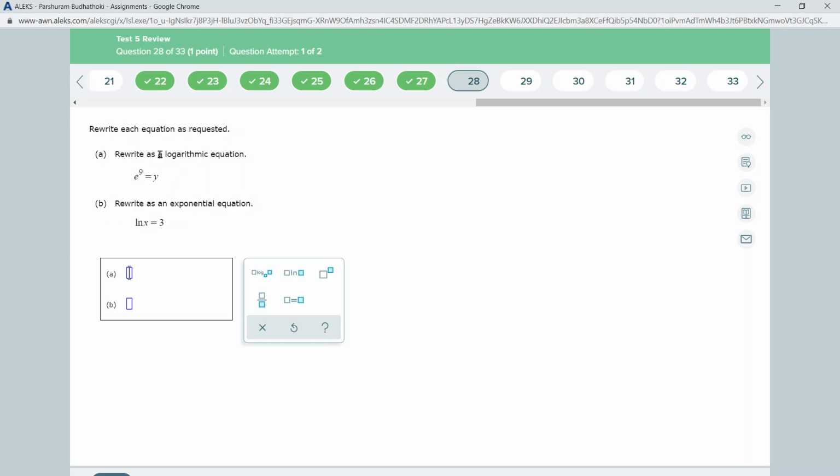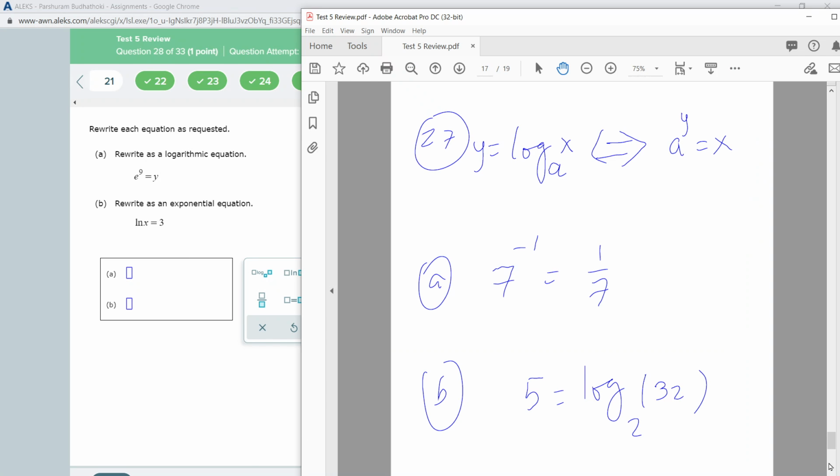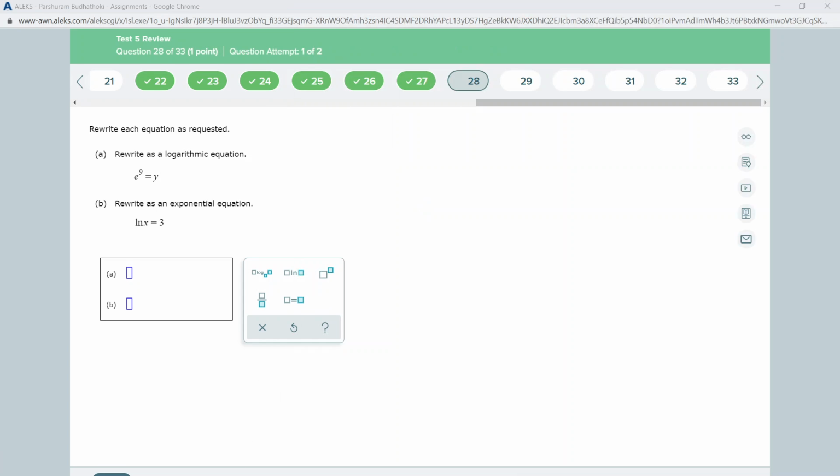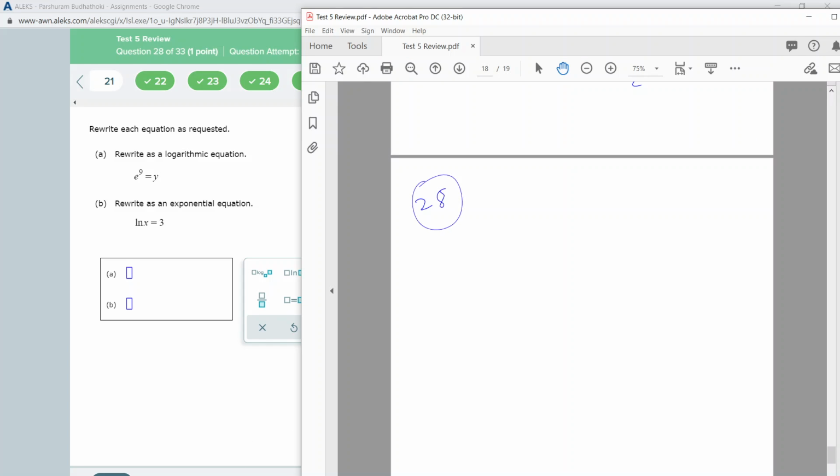So once again, rewrite this as a logarithmic equation. This is exponential form to log form. You can see that if you have e, then you can use the log. If you use ln on both sides, I'm going to show you here. Problem 28. It's e to the power 9 equals y.